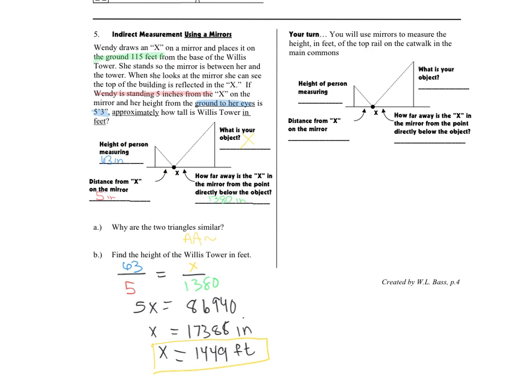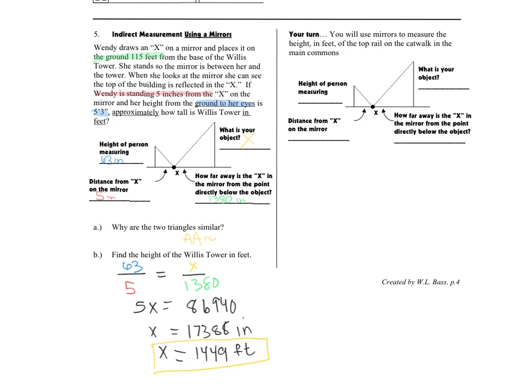I took that 115 and converted it into inches because we're going to have to convert to similar measurements. She stands so the mirror is between her and the tower. When she looks at the mirror, she can see the top of the building reflected in the X.